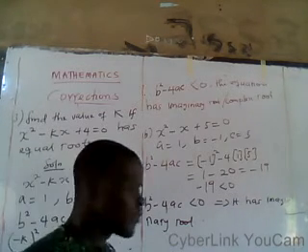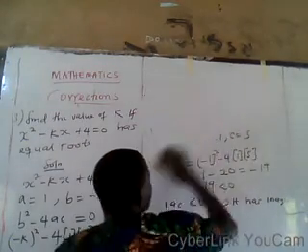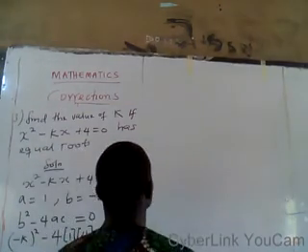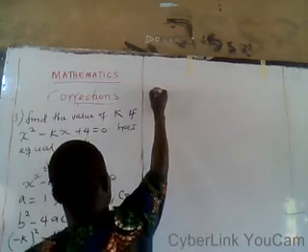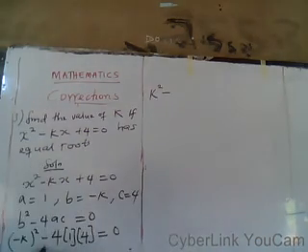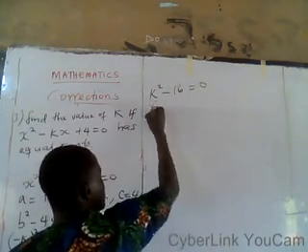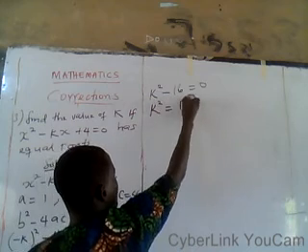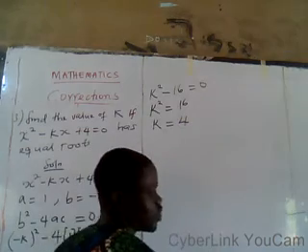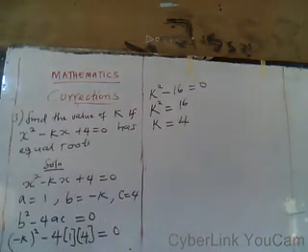From here we have k squared minus 16 equals 0, so k squared equals 16. So k equals plus or minus 4, but you can just choose the positive answer. So your k is 4, which is the square root of 16.